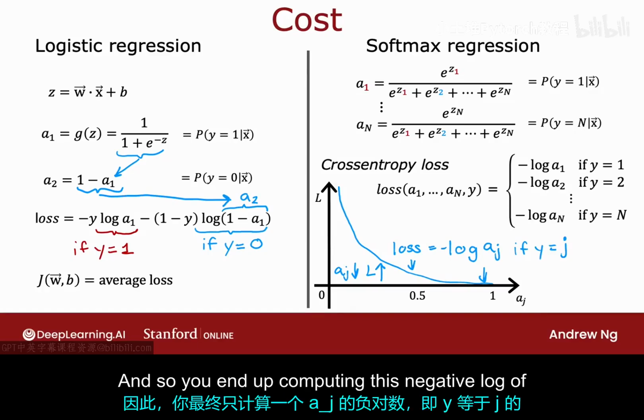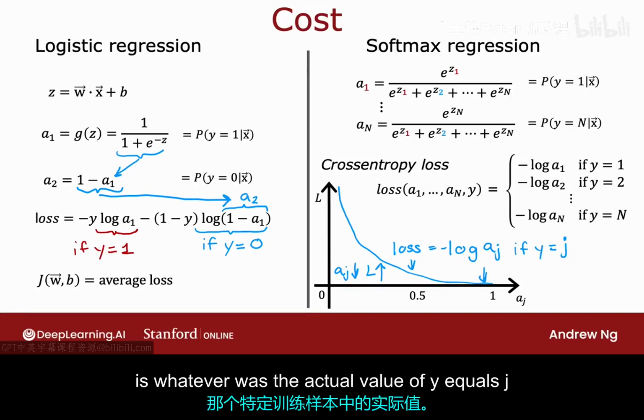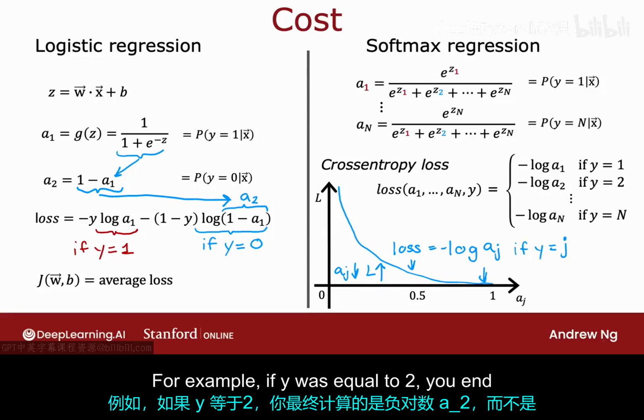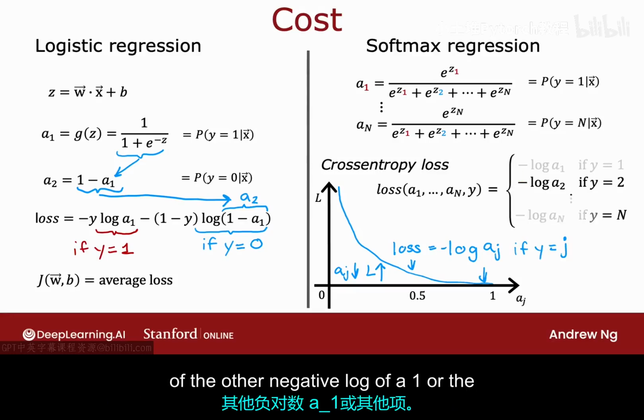Notice that in this loss function, y in each training example can take on only 1 value. So you end up computing this negative log of aj only for 1 value of aj, whatever the actual value of y equals j was in that training example. For example, if y was equal to 2, you compute negative log of a2, but not any of the other terms.